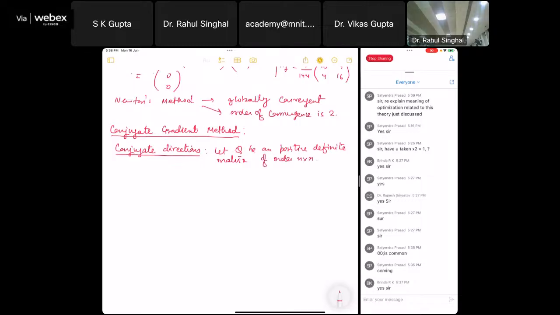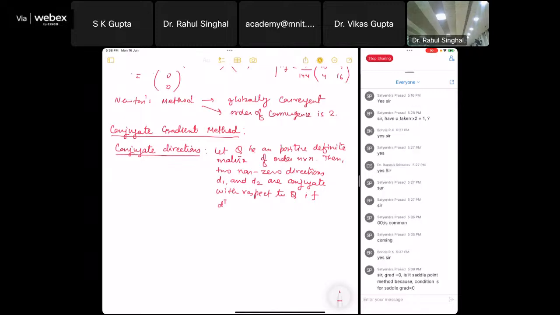Then two non-zero directions D1 and D2 are called conjugate with respect to matrix Q if D1 transpose Q D2 is 0.